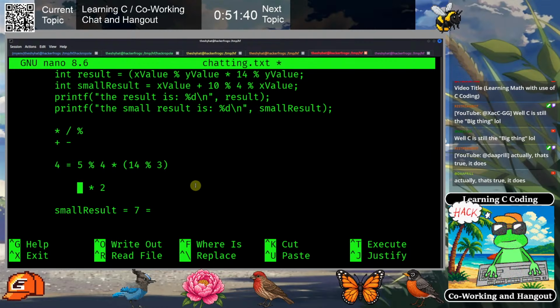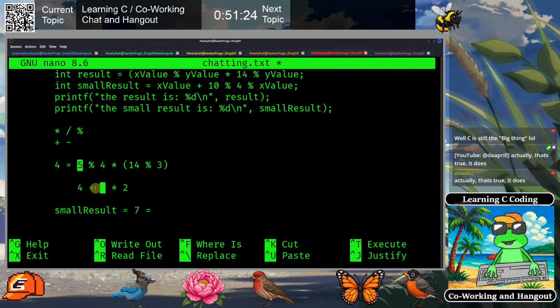So something times 2, 4 equals... Maybe 4 times 2? 4 times 2, 8 modulo 5? But 8 modulo 5 is not 4.